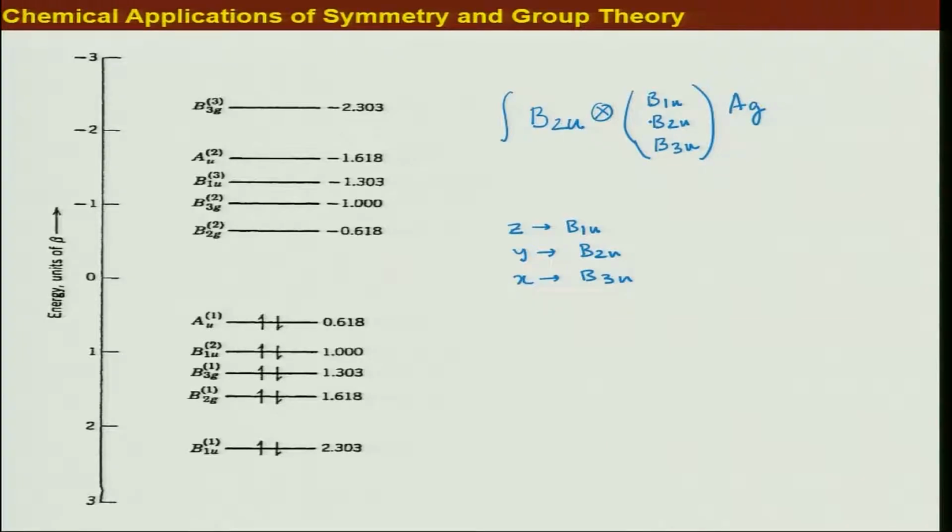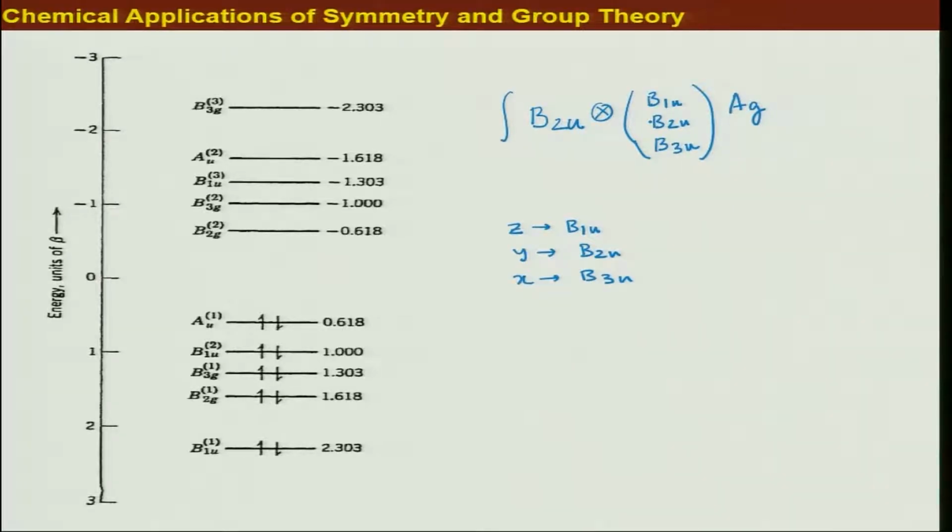So here you can cross check what will happen if you multiply B2U and B1U. If you look at the character table, you will see that B2U and B1U will not yield AG upon direct product. And what about B2U and B3U?